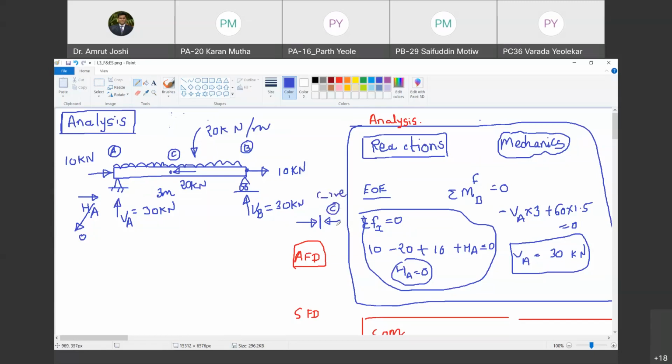Are you with me? Yes, sir. And if you have pair of equal and opposite forces which are trying to elongate or increase the distance between two adjacent cross sections to this section, then we are going to consider it as tensile, and we are going to treat it as positive. Happy?